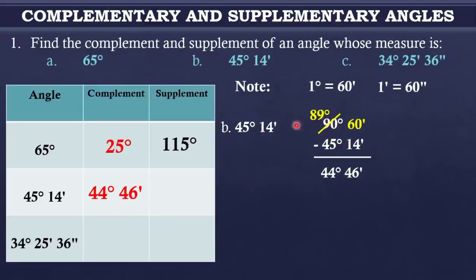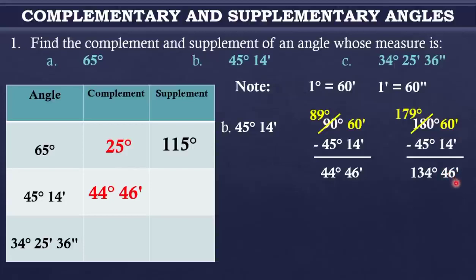Next, to get the supplement, if that was 90, here it is 180. Same procedure. We borrow 1 degree so we have 60 minutes here. So this becomes 179. 60 minus 14 is 46 minutes.